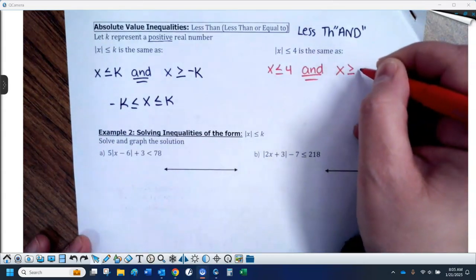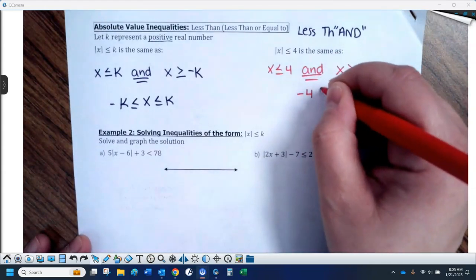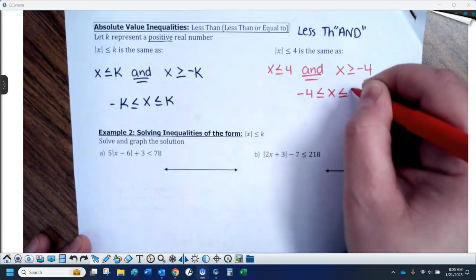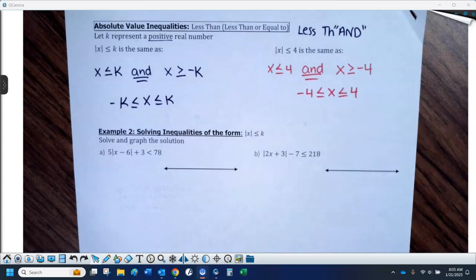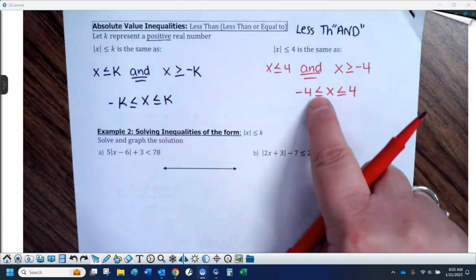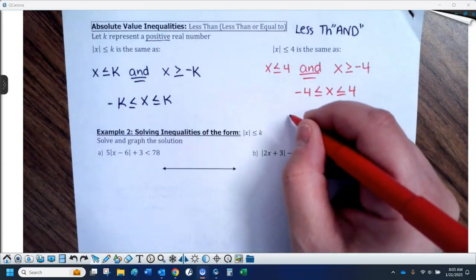X is greater than or equal to negative 4. You could also write this with the X in the middle. Notice I'm not changing the direction of the inequality symbols or anything like that. The little part here points toward the negative 4. That's the case here. I'm just kind of putting X in the middle to write this as a compound inequality.